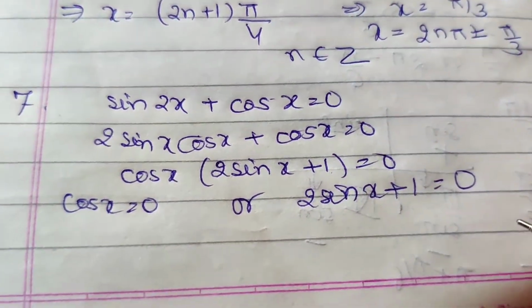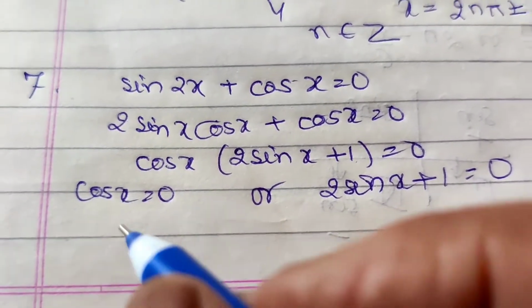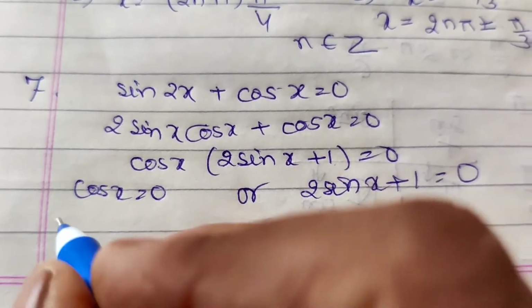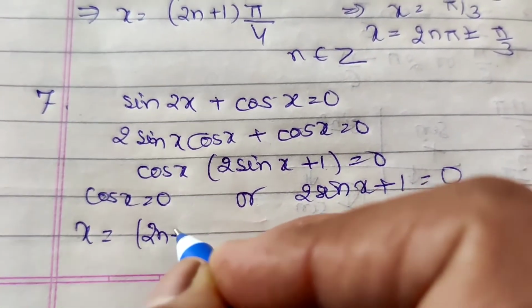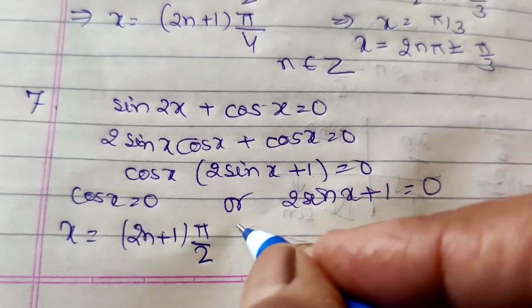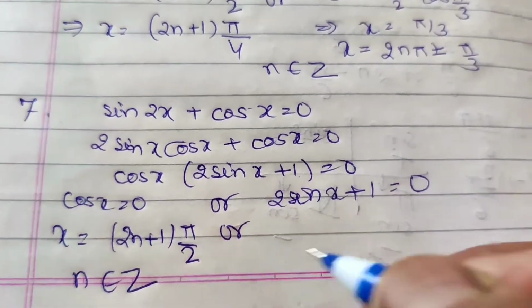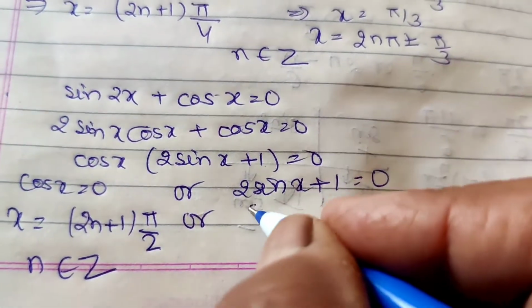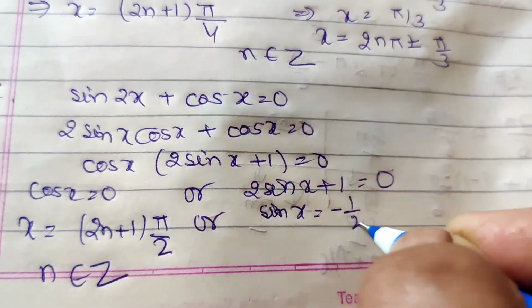Okay. If cos x equal to 0, then the general solution is x equal to (2n plus 1) pi by 2, where n belongs to integers. And in this, sin x equal to minus 1 by 2.